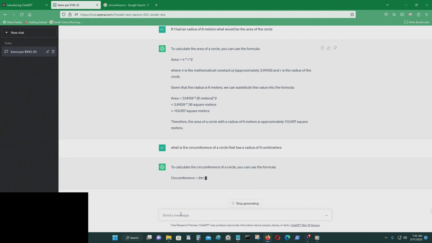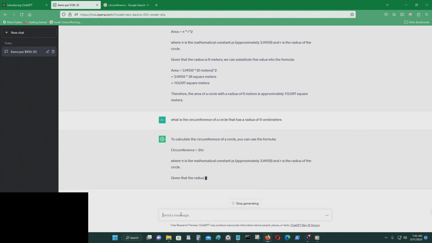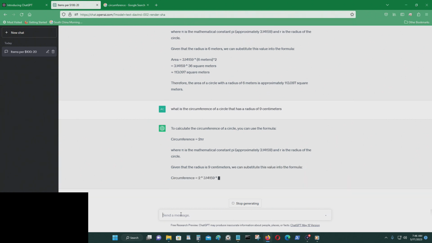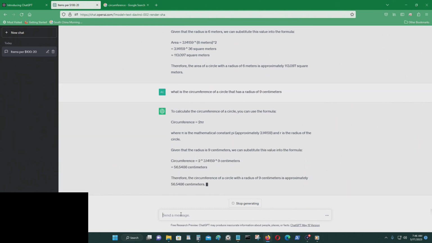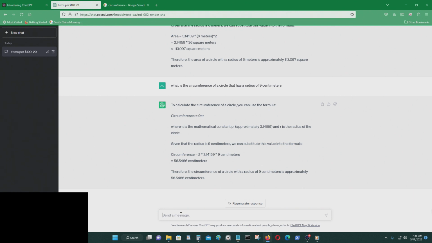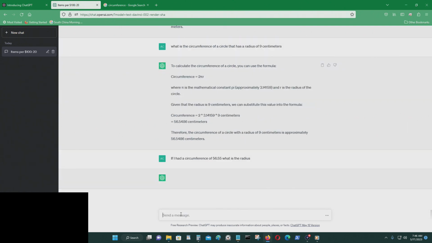What is the circumference of a circle that is 9 centimeters? Okay. If I had a... what's the radius? Just working backwards now.